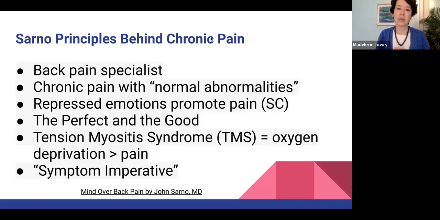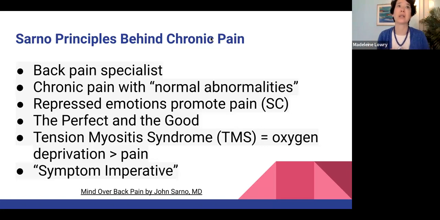John Sarno also talked about the symptom imperative because he felt that other practitioners who maybe were having success with surgical methods or physical therapy or drug treatments or whatever, with certain kinds of pain. Let's say you had carpal tunnel and then you had the surgery for it and the carpal tunnel got better. But then wait a few years, now you have shoulder pain.